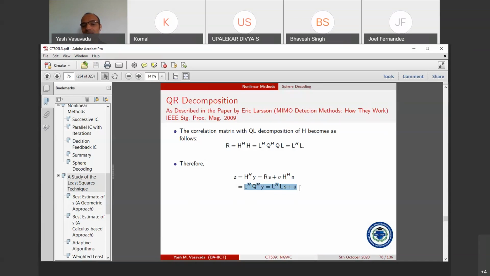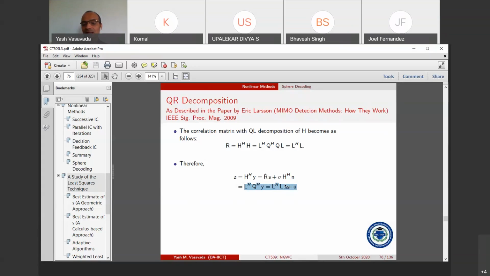How do I get to that desired form given this second line, which I've highlighted? See, right now my unknown variable s, which is what I want to determine, I can't write it as a product of lower triangular matrix times that unknown vector, because L Hermitian L is not lower triangular, it is this R matrix.